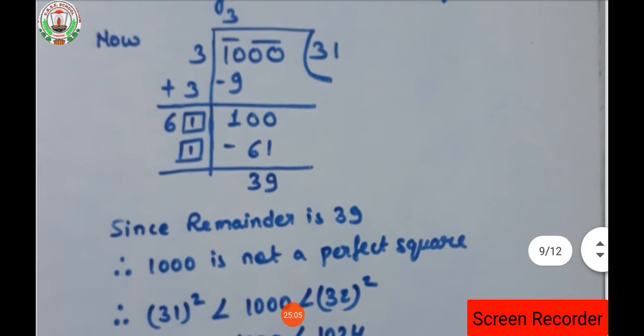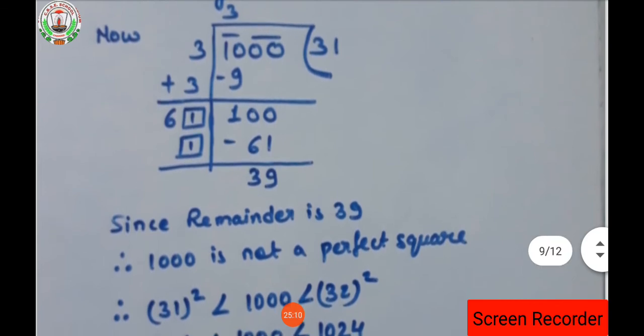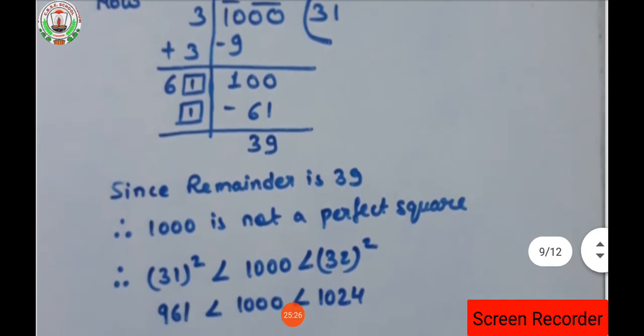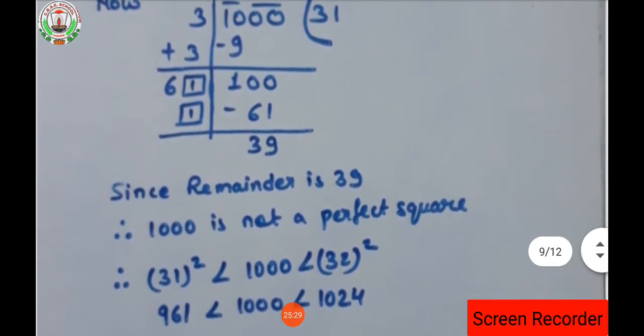So here the quotient is 31, the dividend is 1000 and the remainder is 39. Since 1000 has remainder 39, it is not a perfect square. Whenever a remainder is left, that number is not a perfect square, isn't it? In order to make it a perfect square, what we have to do, since in the question it is said how many more plants are needed, so that an equal number of rows and equal number of columns will be there.